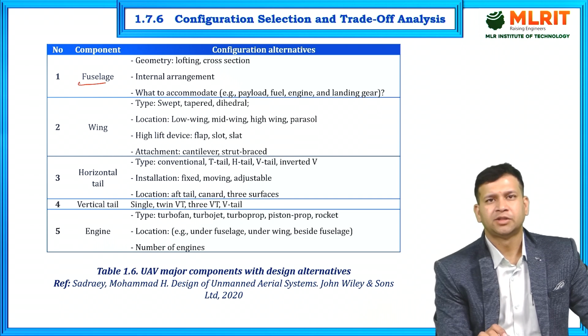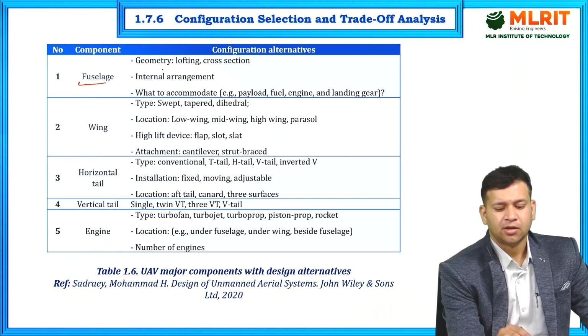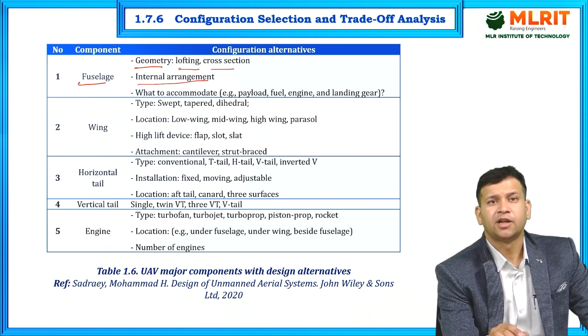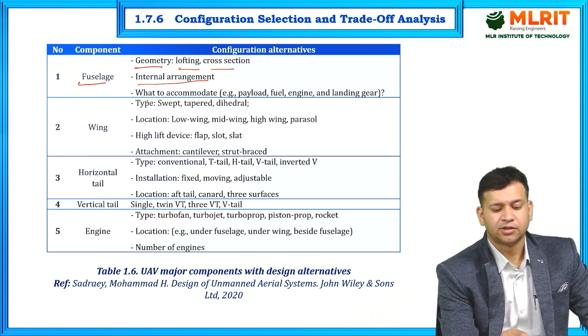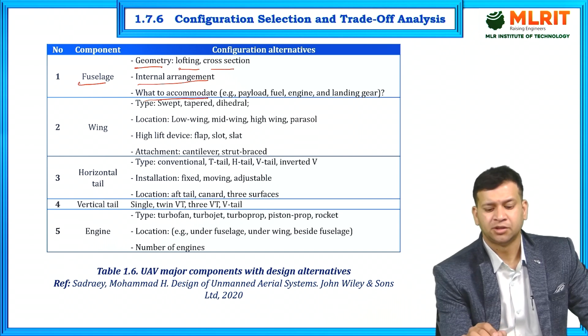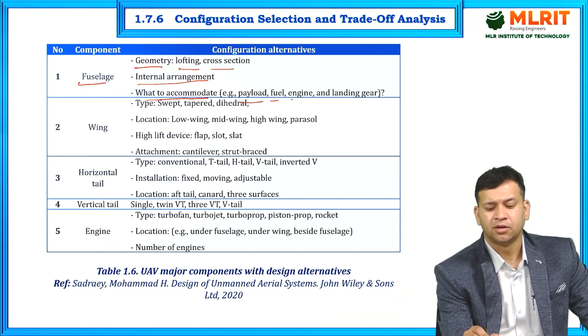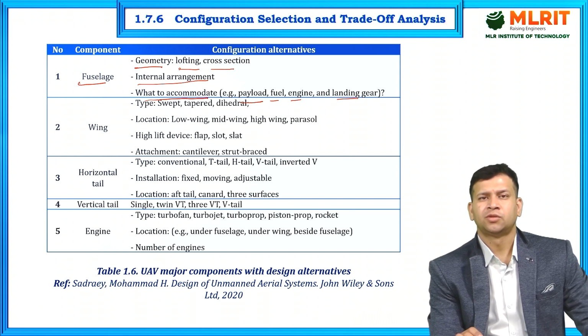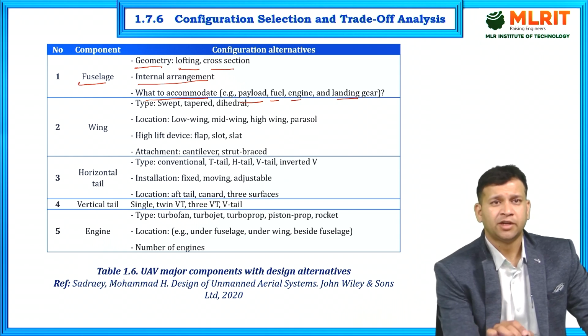The configuration alternatives for this, in case of geometry, we have lofting technique or cross sections we need to choose. Then we have internal arrangement, for example, what has to be accommodated, like payload, fuel, engine, landing gear.